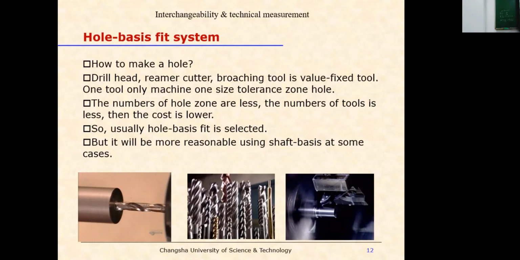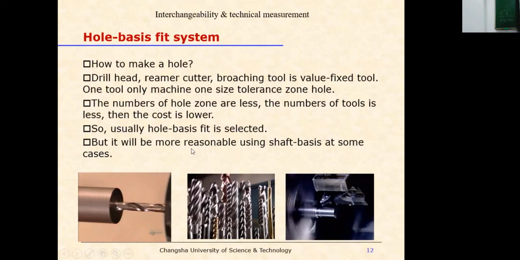So usually the hole basic fit is selected, because it's easier to make a shaft. It's hard to make a hole because each type of hole needs one type of tool, right? But it will be more reasonable using a shaft basis in some cases.